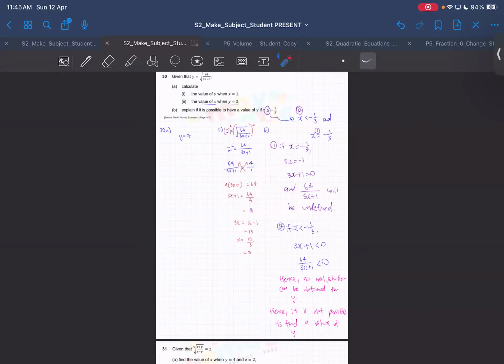Yes, correct, both sides. Let's make the fraction disappear. Manage to solve.